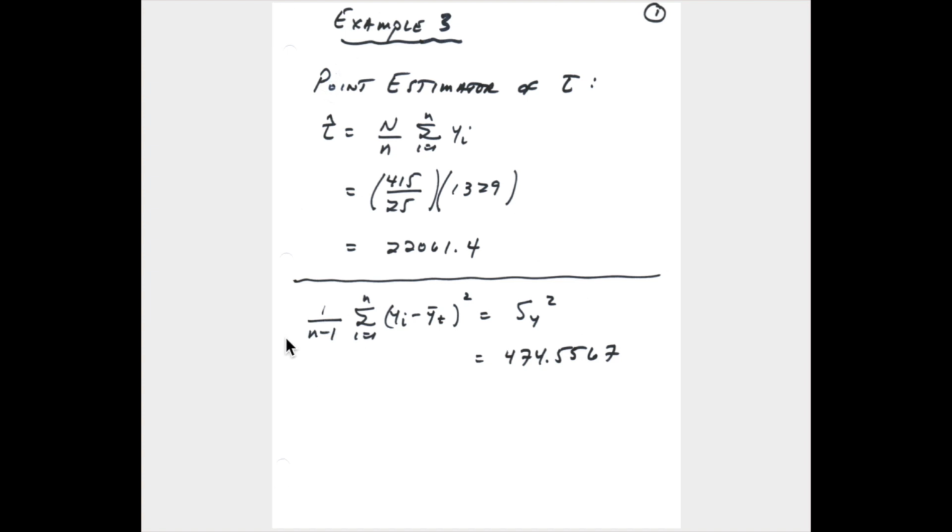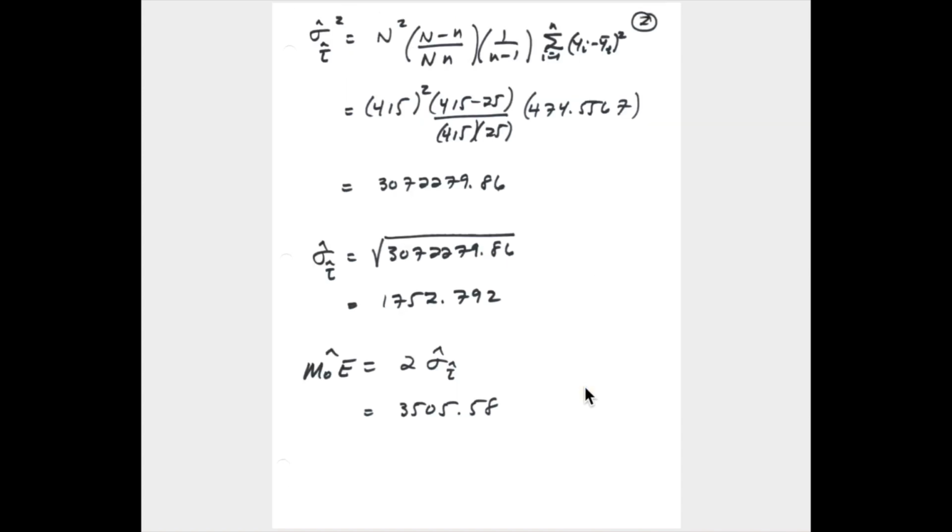In order to calculate the estimated variance of tau hat, we have to calculate this quantity at the right-hand side of that variance formula. Like I said, this expression looks like a variance, doesn't it? Well, it actually is. It's the variance of the yi values, and that turns out to be 474.5567.